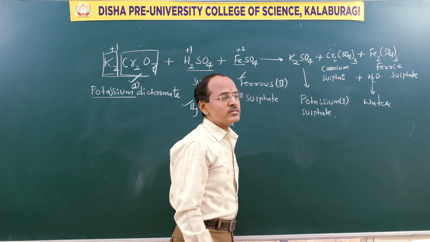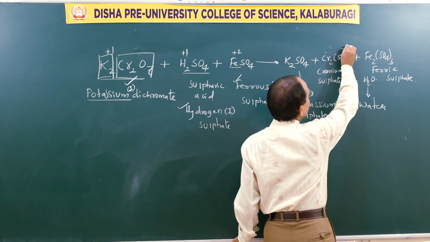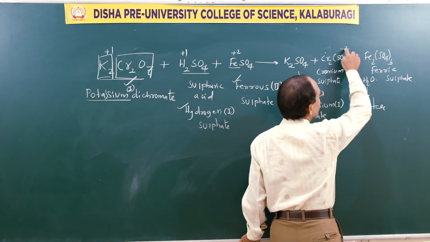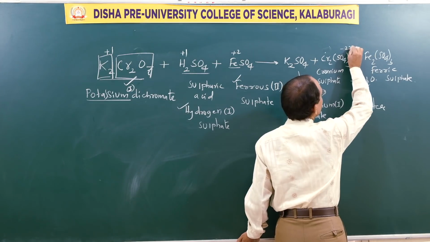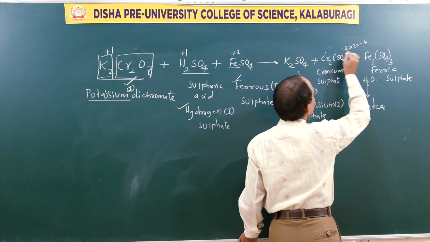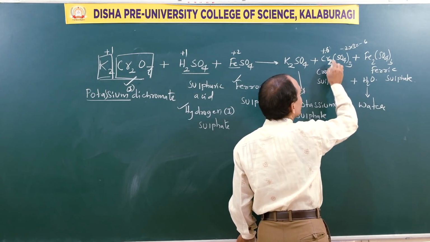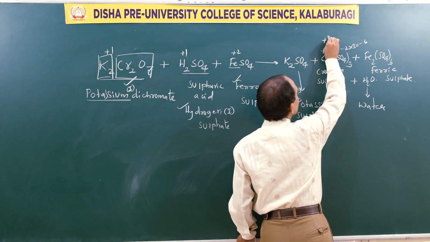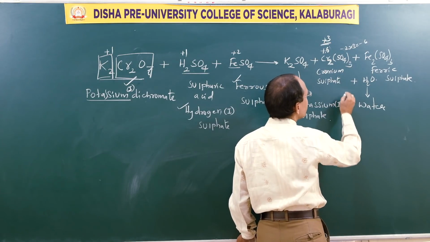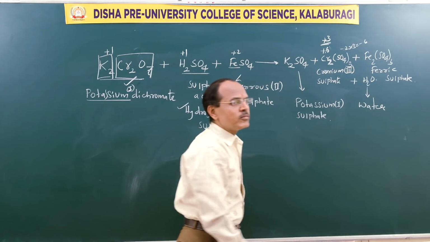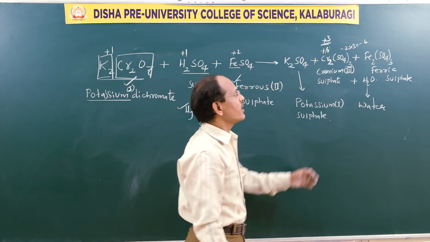You just see. Sulfate is -2, -2 into 3 is -6. It should be +6 for 2 chromium, so for 1 chromium it is +3. So I can write chromium Roman 3.